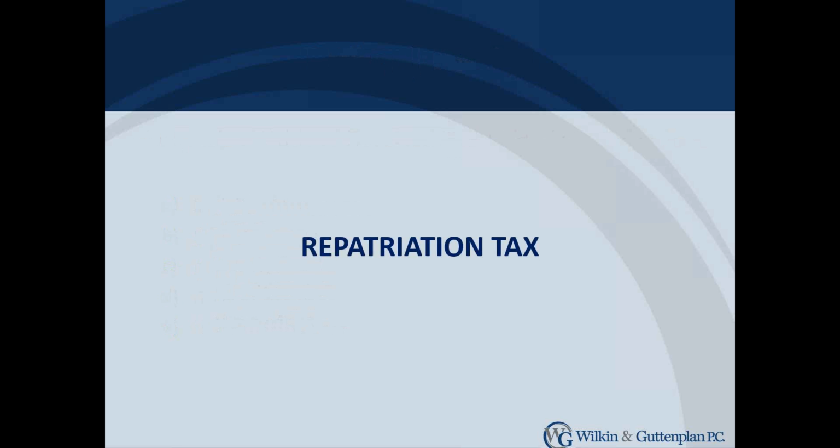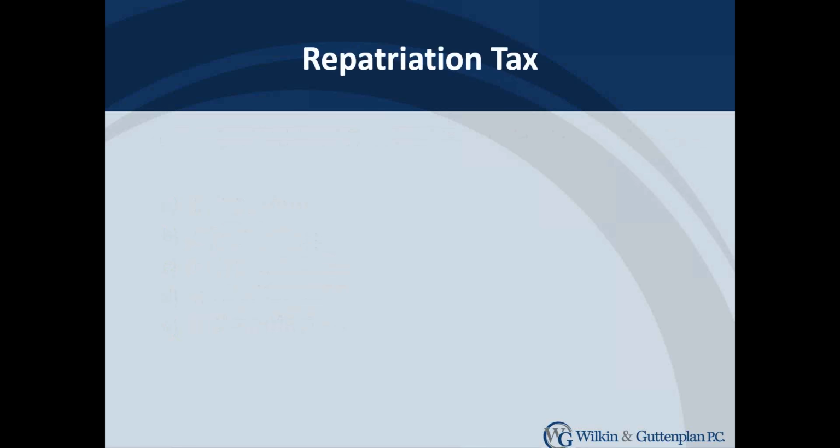On the outside looking in, this part of the tax law is a toll charge or tax on any accumulated earnings and profits post 1986 of these CFCs that were deferred up until now. What this tax does is really pay for this legislation for all these tax cuts and level the playing field from the prior system to the new system. So let's just dive in a little bit and see what it all means.